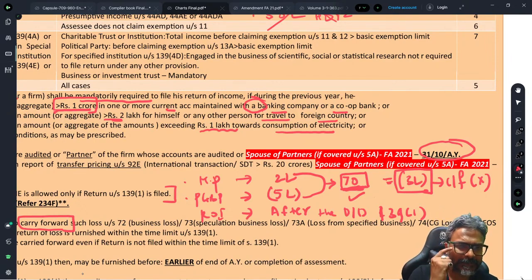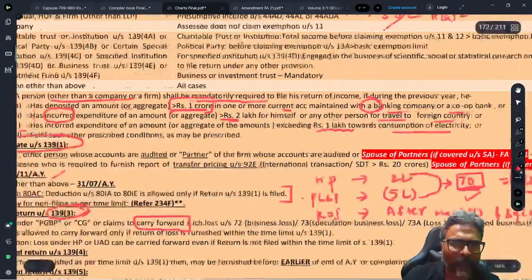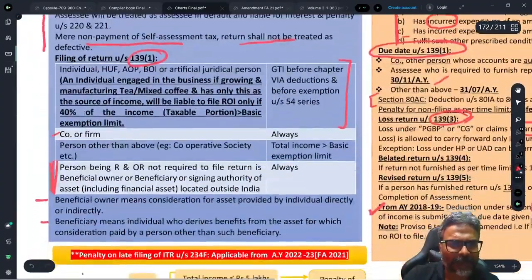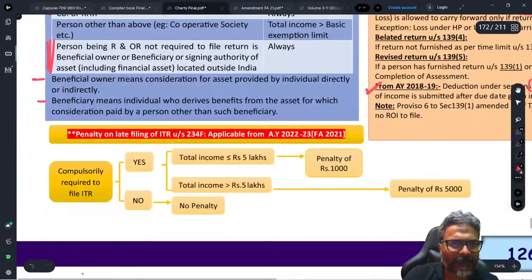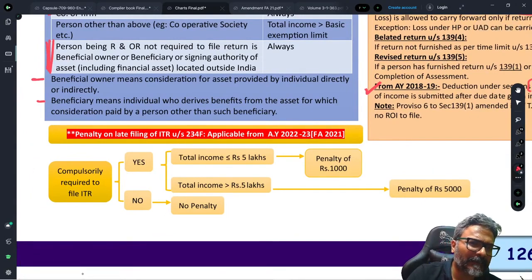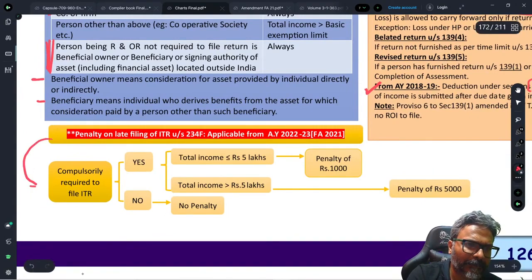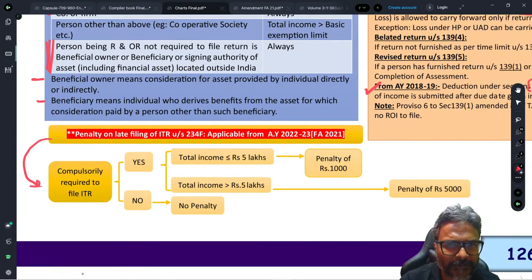So this is what it is in this context. Now, one more point which I want to bring to your attention is a change that has taken place on the imposition of the penalty with effect from assessment year 22-23.